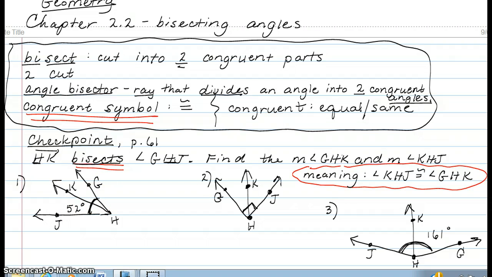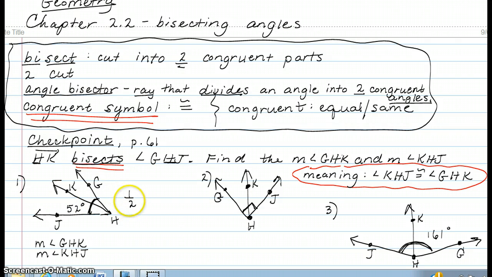So the angle bisector says, if you want to find either the measure of angle GHK or the measure of angle KHJ, then you are going to split this 52 in half.